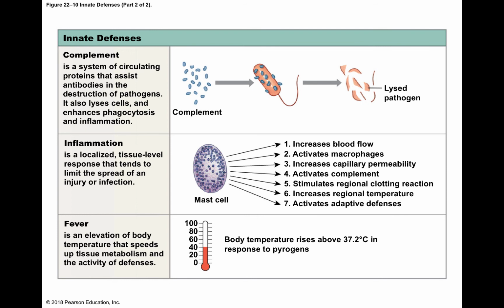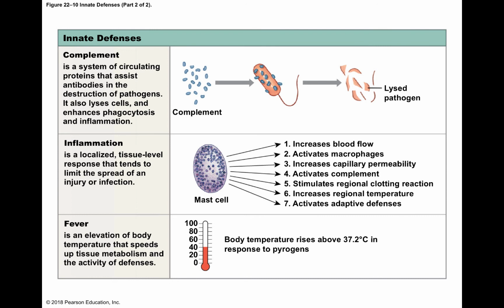As a matter of fact, guess what the incubator temperature of our microbiology lab is? It's 37.2 degrees Celsius, because that's how the bacteria are going to grow the best. All right, so what your body does is the pyrogens, these cells, are going to increase the temperature of your body so that it goes above that.